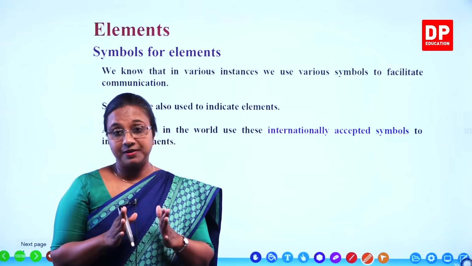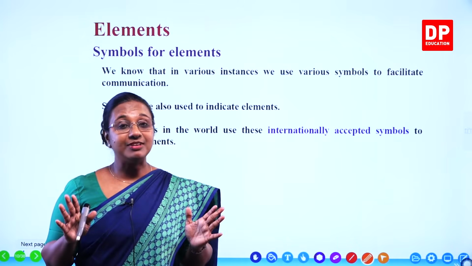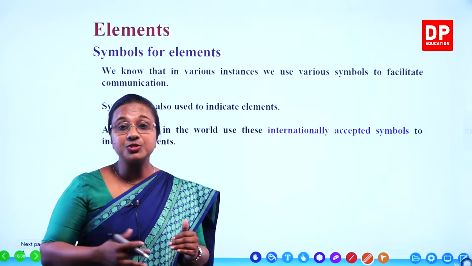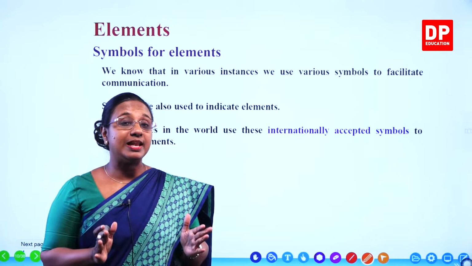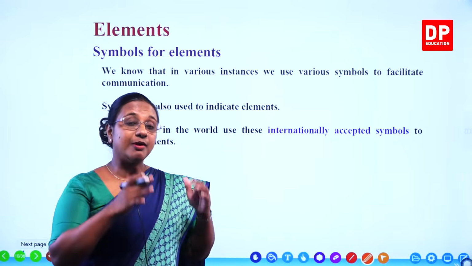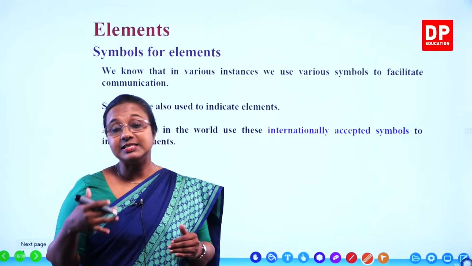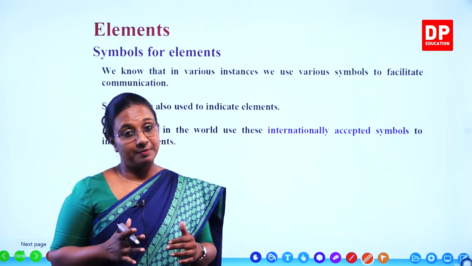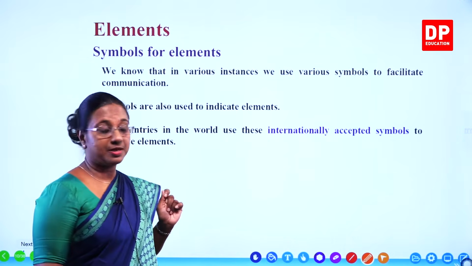So, to avoid all these confusions, they have proposed a method of naming the elements as well as giving symbols to elements. So that when you write, instead of writing carbon, if you use a symbol, it is easy to denote the carbon. That is why we need symbols for elements.